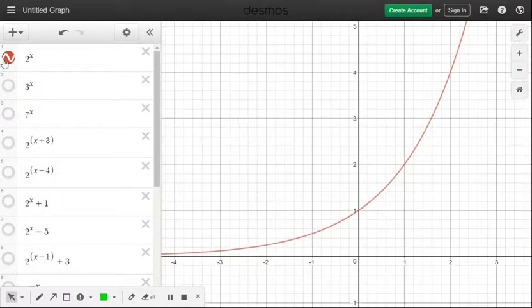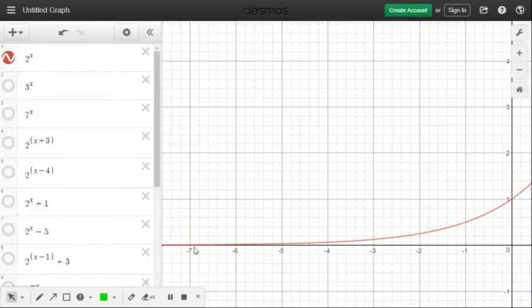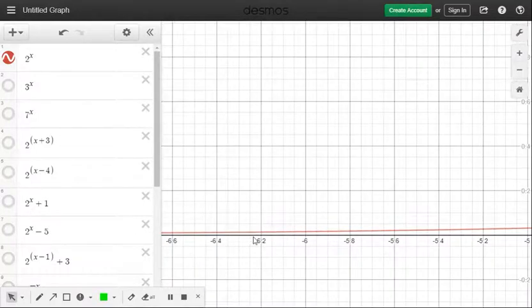So when it's 2 to the power of x, we see that the y-intercept is at (0, 1). Now, if you were to look at the left side of the graph, it looks like it's touching the x-axis, but if I zoom in, you can see there are little spaces here.